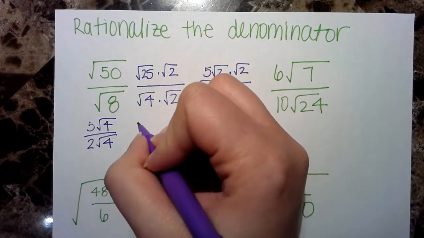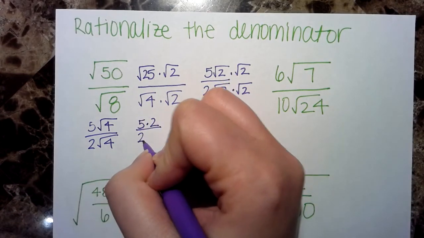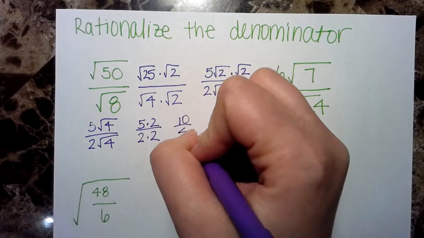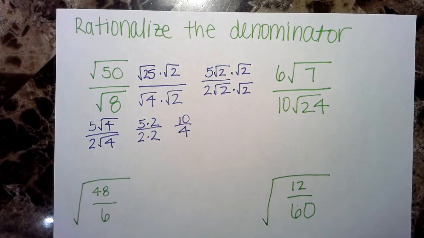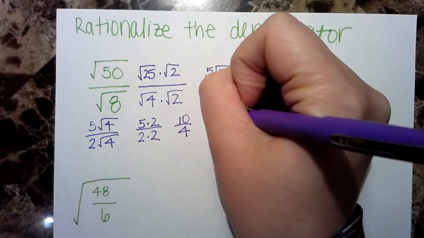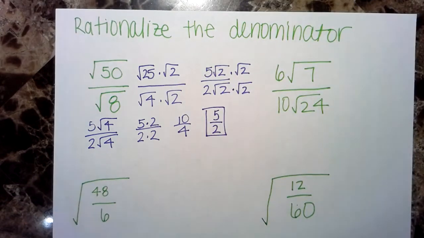I'm then going to do 5 times 2 over 2 times 2. So that's going to be 10 over 4, because 2 times 2 is 4. I'm then going to simplify, so this would be 5 over 2. That's going to be my final answer.